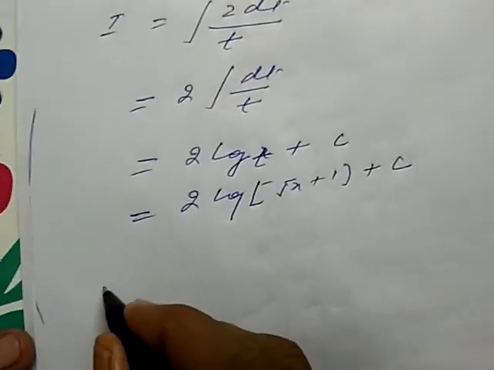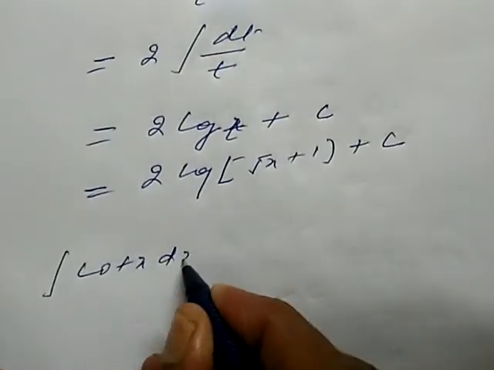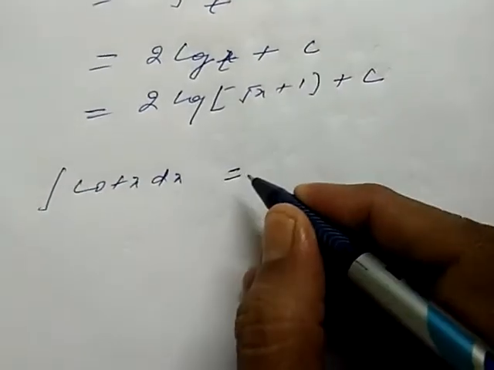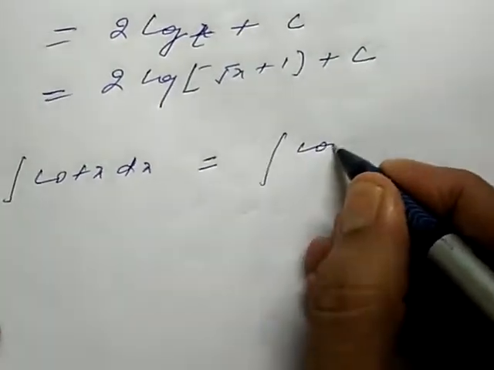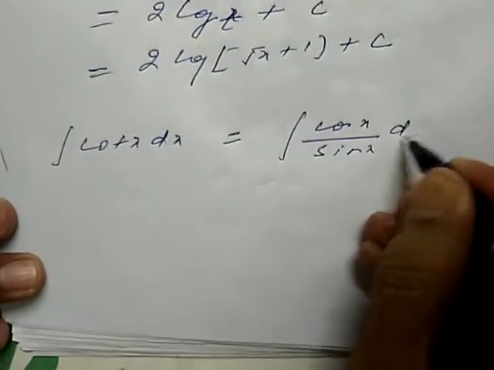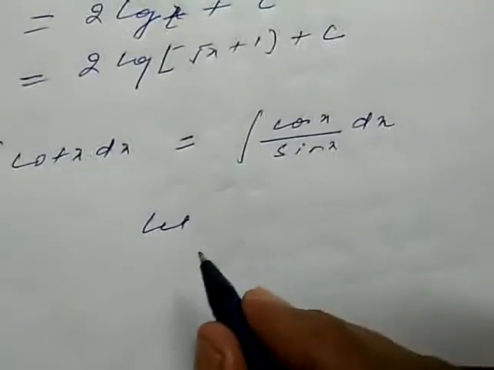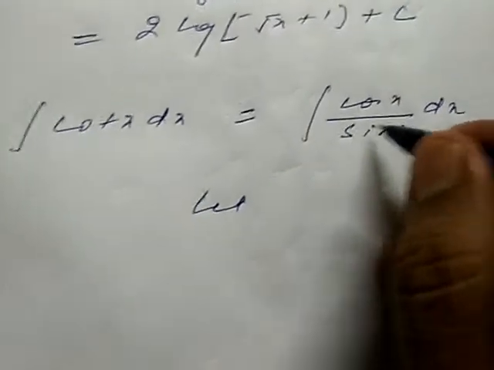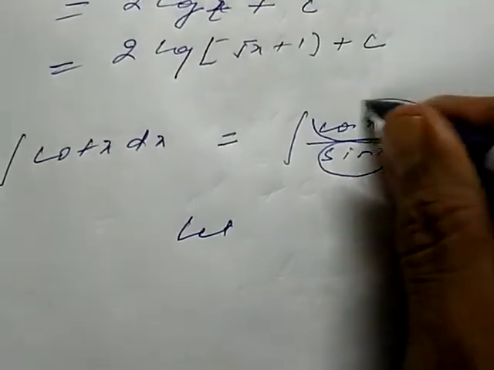Suppose we want to find the integral value of cot x. Cot x is there. Again, direct substitution is not there. First of all, we will moderate it. We write it as cos x by sin x. By doing so, we can substitute. Every time we solve, the derivative of the substituted term must be present with the dx.